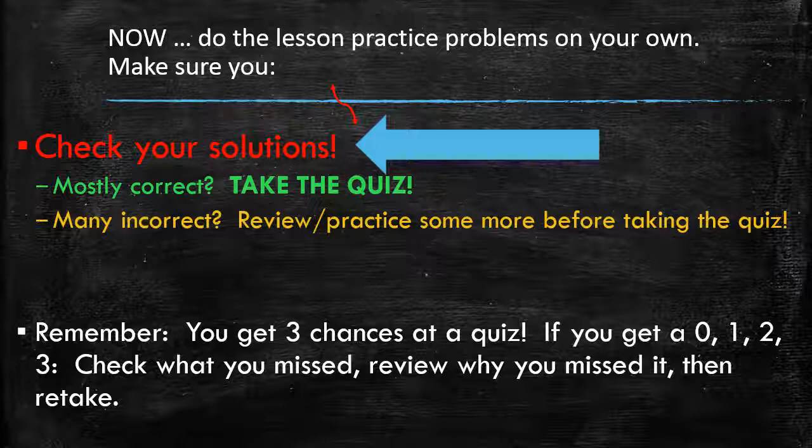If most of them are correct when you're doing the practice problems, then go take the quiz. If many are incorrect, review, practice some more, and then take the quiz. You can review, rewatch the recording, or go through the online lesson on your own, get some more practice, and then take that quiz.